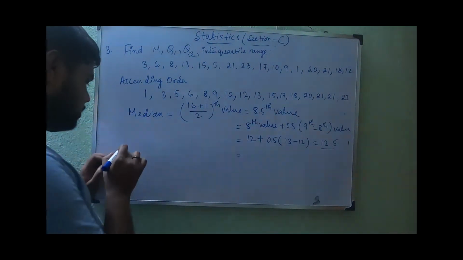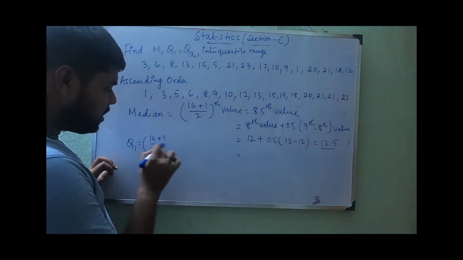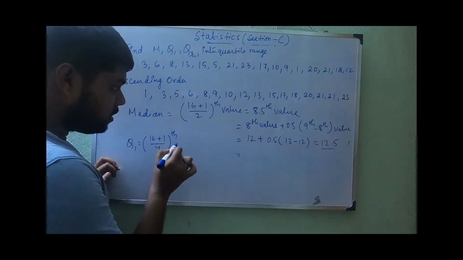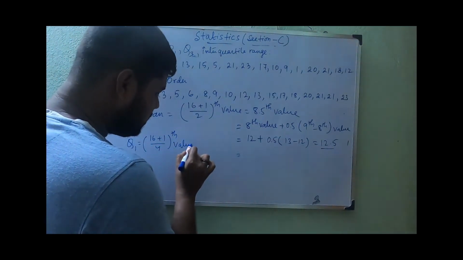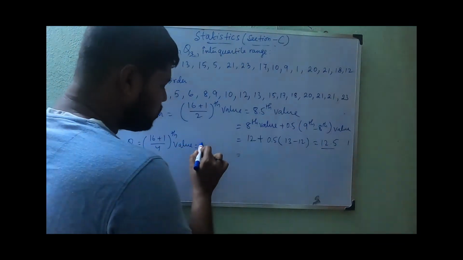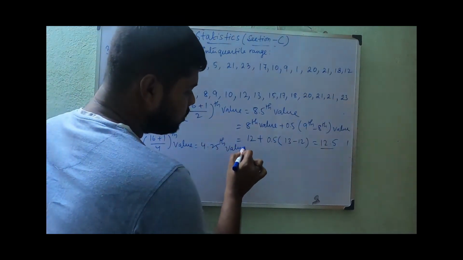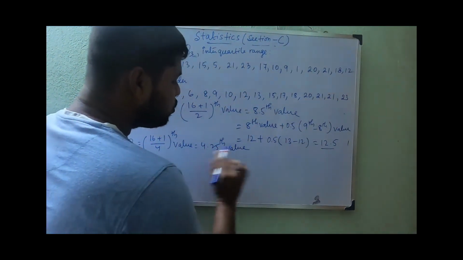Lower quartile, so Q1, it will be 16 plus 1 by 4th value. So basically 16 plus 1 is 17, 17 by 4 is the 4.25th value. Now how to account for the 4.25th value?